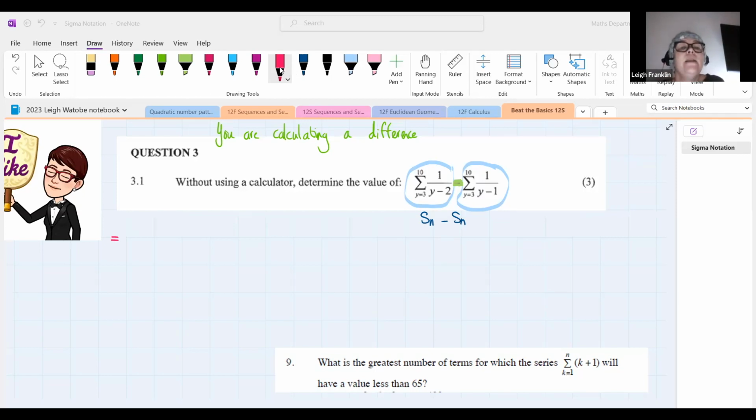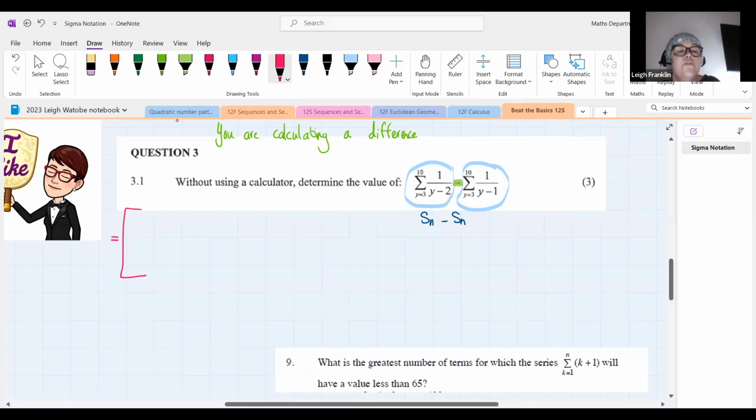All right. So anybody who did get the answer for question 3.1, let's start doing this together and compare what I'm doing with what you've got on the page, because perhaps you could have got some marks for this particular question. Remember, the number at the top is the last number that gets subbed in. The number at the bottom is the first number that gets subbed in. So we are creating fractions.